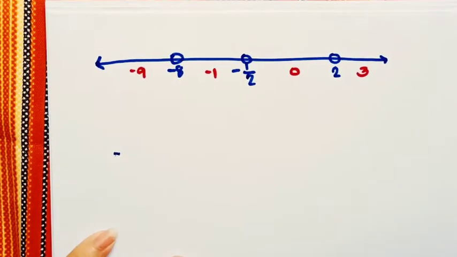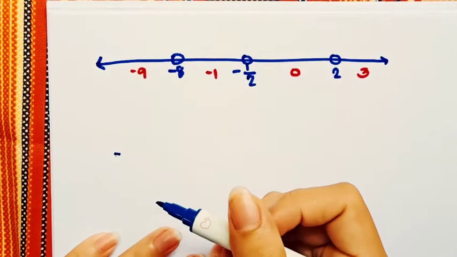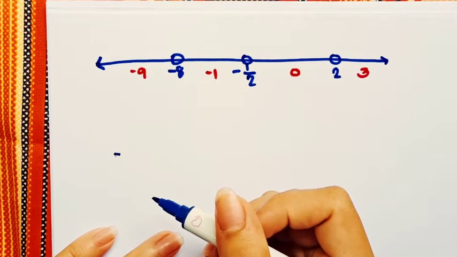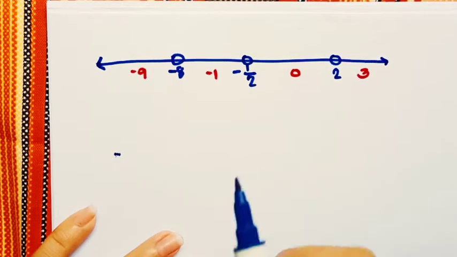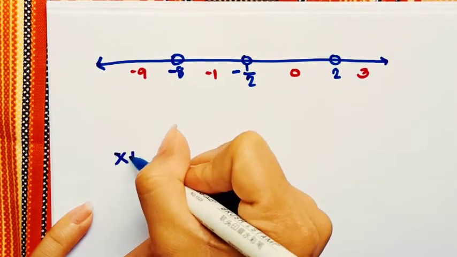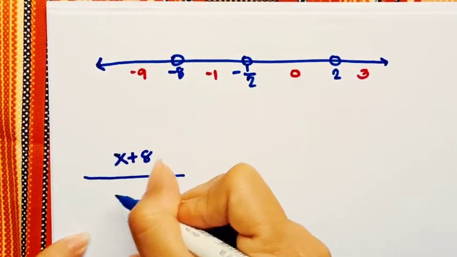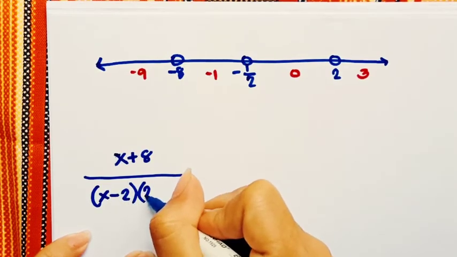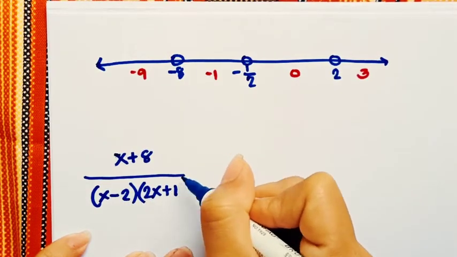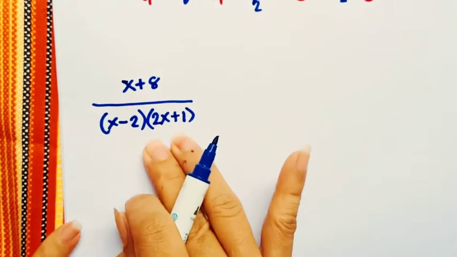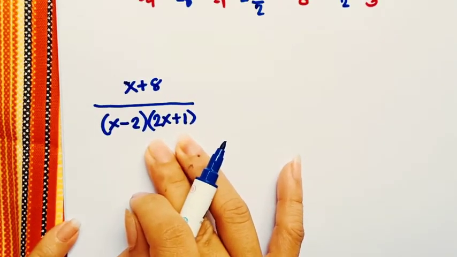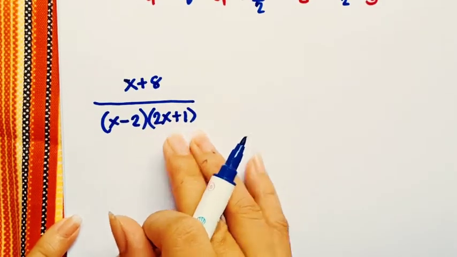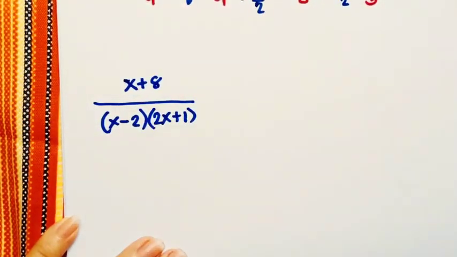Okay, next na to himuin is mubalik ta dito sa ato ang simplified na rational expression, no? To na simplify na nato, we have x plus 8 all over x minus 2 times 2x plus 1. Kara siya. So, kari guys, gamito nato ni siya para makakuha og indicator sa mga sign pag i-substitute na nato ni.